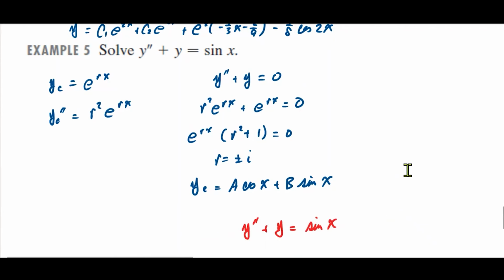So usually what we did was we tried this, y is equal to a cosine x plus b sine x, right? Except that's already here. You see the problem with that?